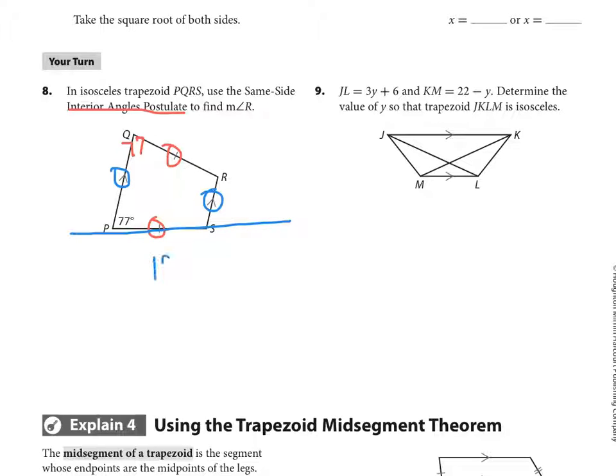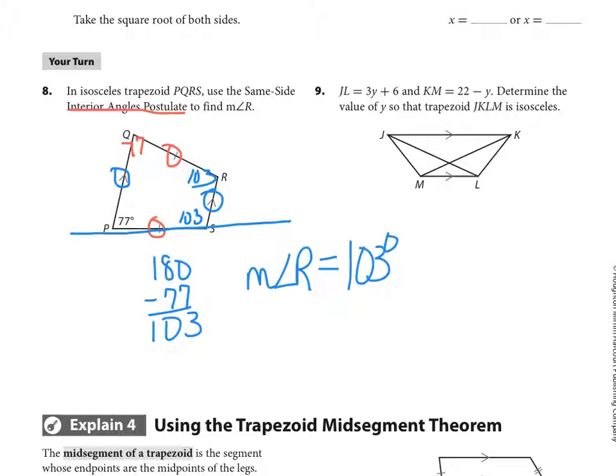So 180 minus 77 will give me 103. And so 103 would have to be here and also there. So the measure of angle R equals 103 degrees.